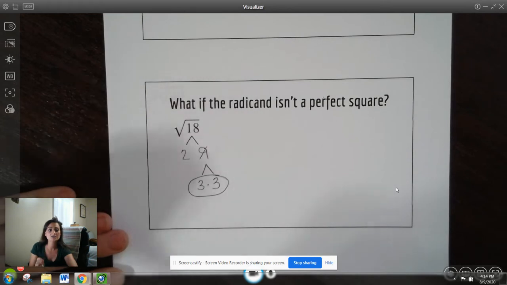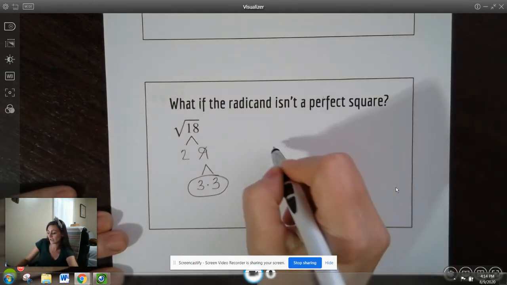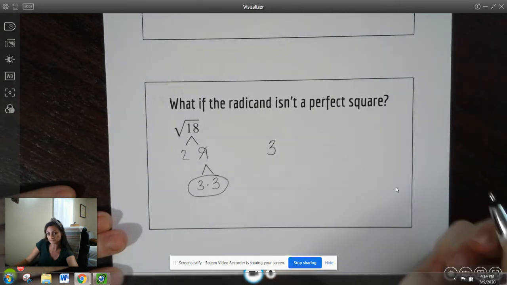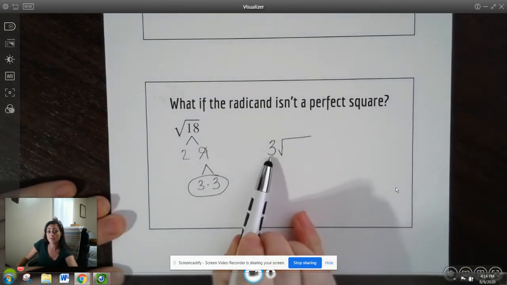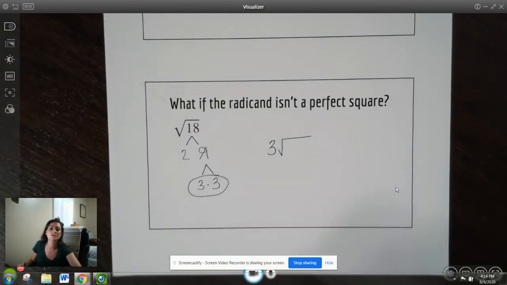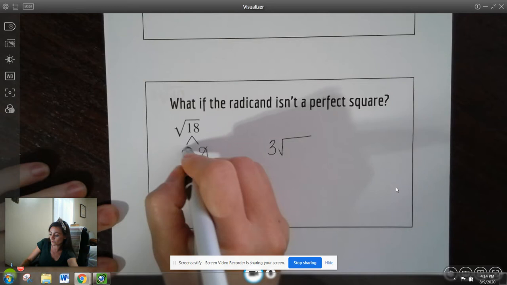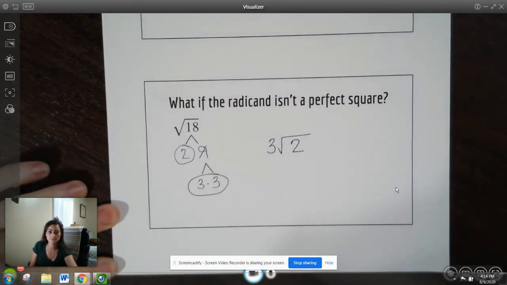So, I can show this 3 on the outside of the radical. What this is showing me is that I had a pair of 3's in that prime factorization of 18. And the only thing that was left over was 2.